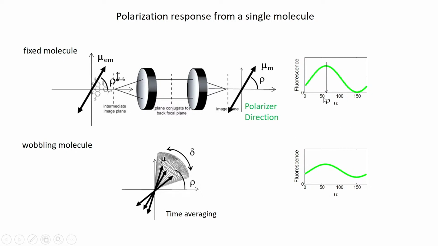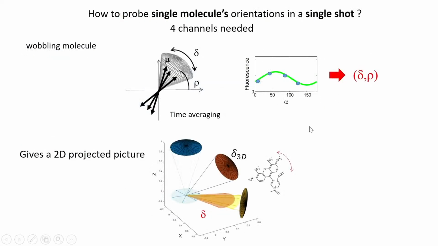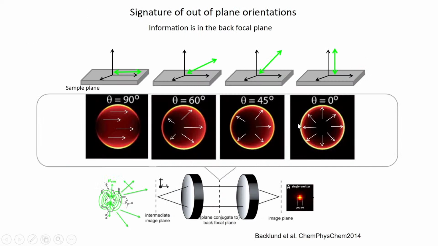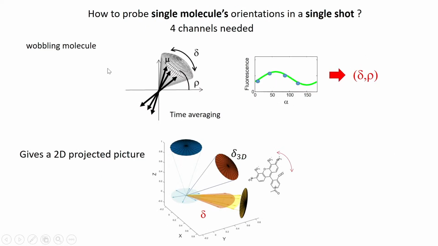So the maximum signal here is shown by the direction of this dipole in its plane, while the contrast is showing if the dipole is alone or if it's wobbling. So here, a way to measure that in a single shot is actually to separate polarization channels in different polarization directions.